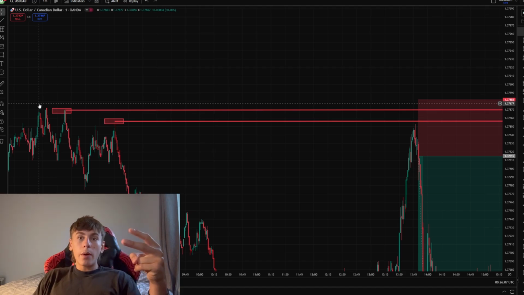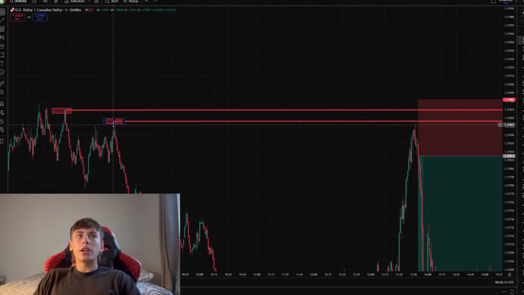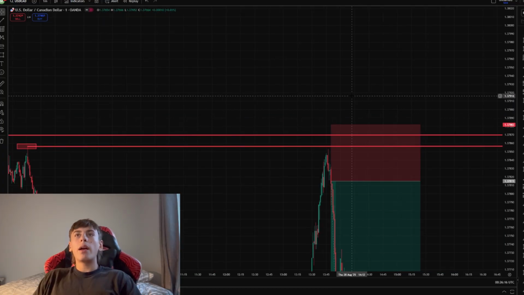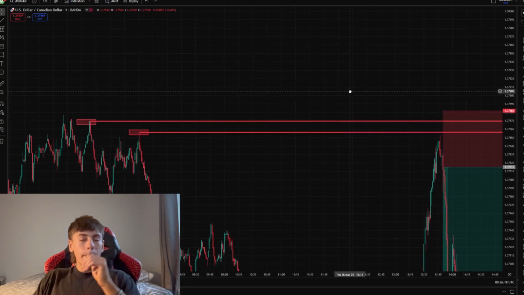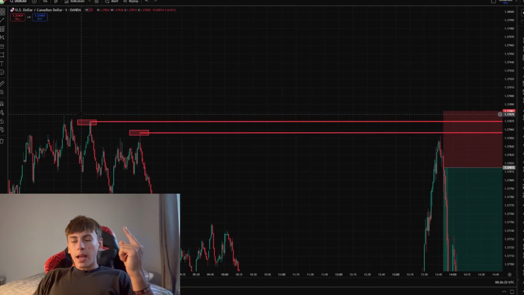And probably what would happen would be the liquidity run, because it would have taken out both of these highs. So if it went above this, I would have lost more money. And by putting it here, I can accept the fact that I was wrong without losing too much money, and also enter into a spot where I might be at risk of not even getting fulfilled.